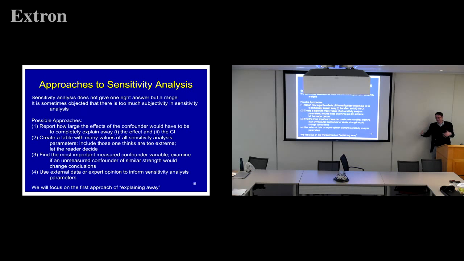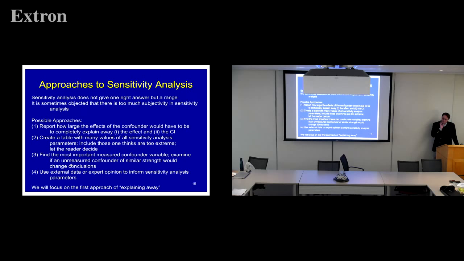If most of the table shows the effect estimate is fairly robust, then you've got a lot of evidence. If just a little bit of unmeasured confounding would have sufficed to explain it away, then you think, well, we probably shouldn't draw conclusions. But very few people ever seem to do this.